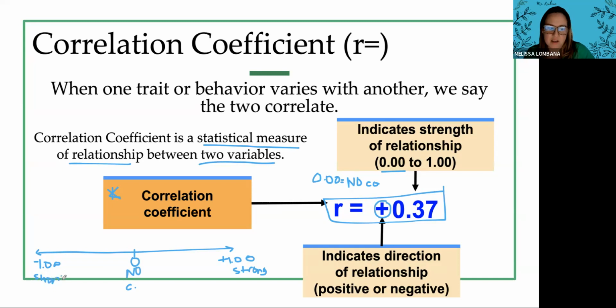The negative and the positive is just telling you the relationship, okay? So make sure that you're writing this down in here, especially the number line, that you are writing here in zero that there is no correlation. And then at the two extremes, the negative over here and the positive one, those are strong correlations.